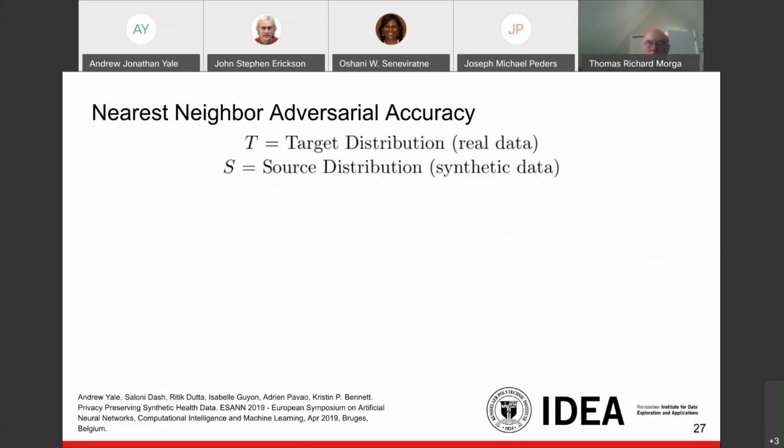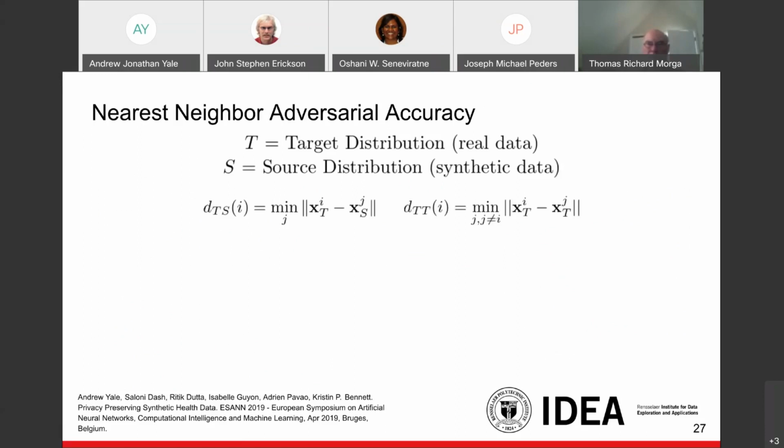To set this up, think of T, a target distribution of real data, and S, a source distribution of synthetic data. This is a nearest neighbor method. We're going to measure DTS of I as the distance between a point I in T to its nearest neighbor J in S. So take point I in your real data, what's the distance to its nearest neighbor in the synthetic data.